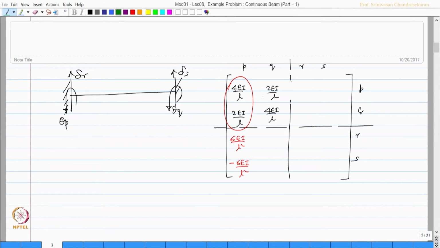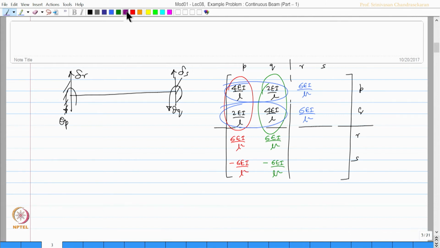Similarly, adding these two, divide by L, 6 EI by L square, put a negative sign, 6 EI by L square. Then adding these two, divide by L, 6 EI by L square, and again adding these two, divide by L, 6 EI by L square.